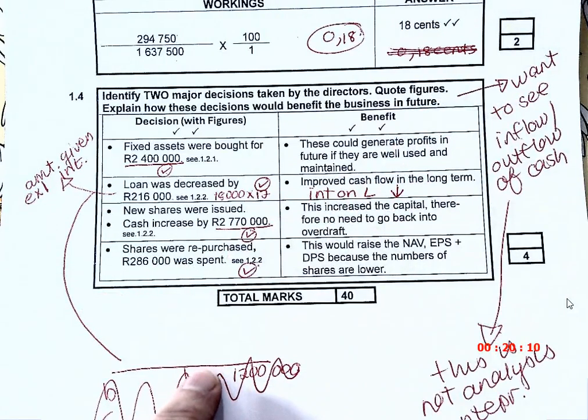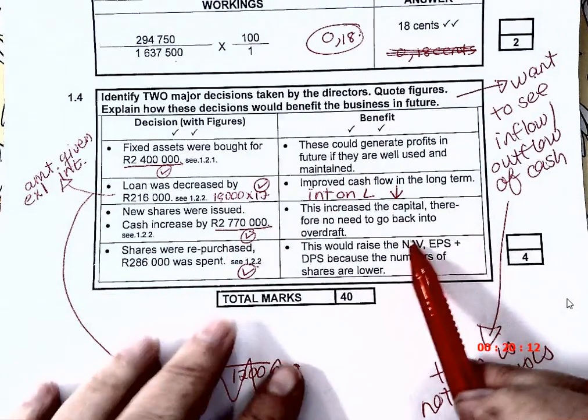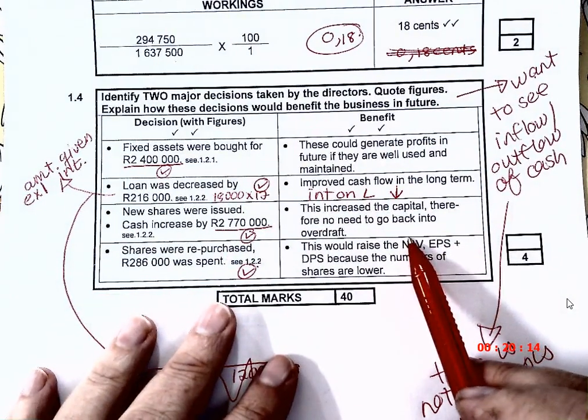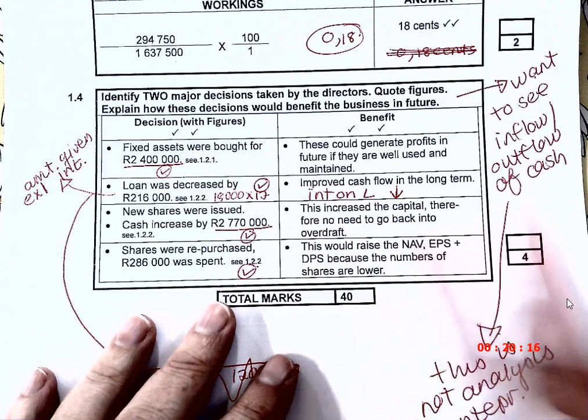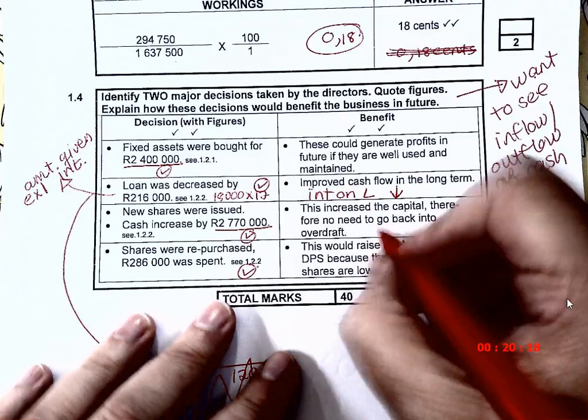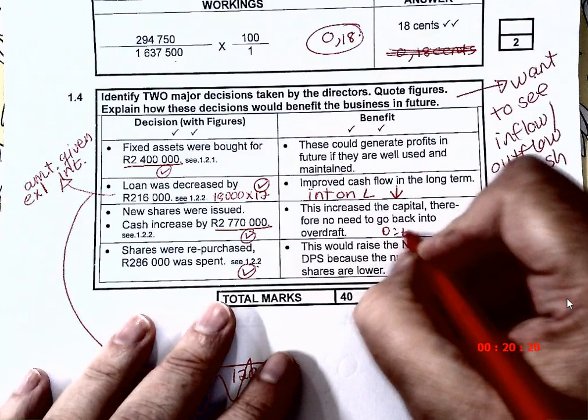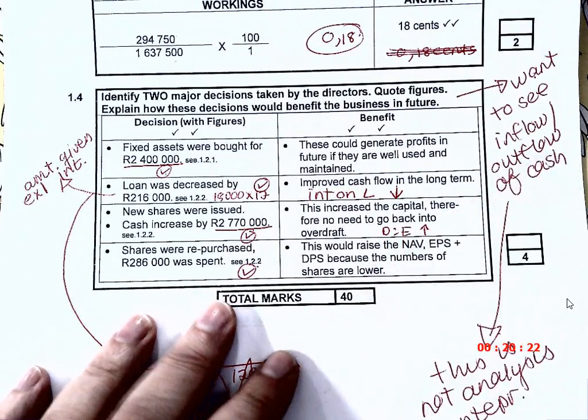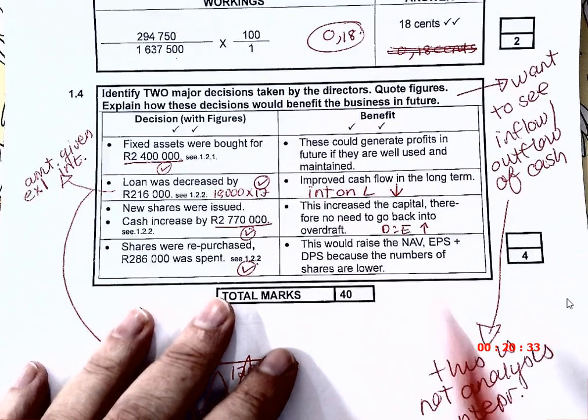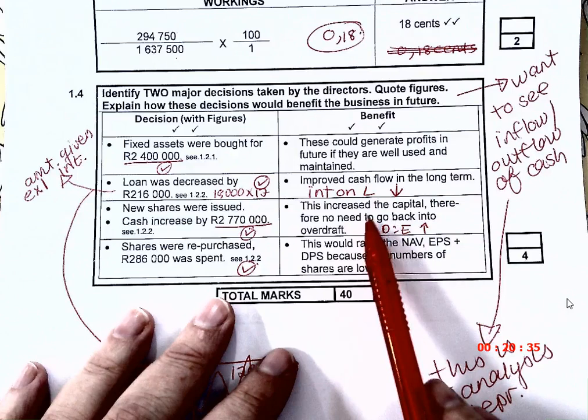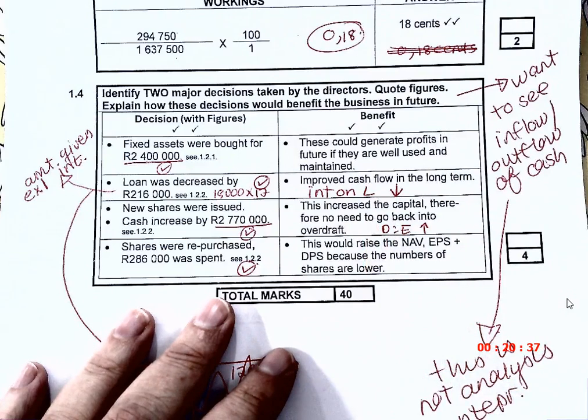That's a good thing. New shares were issued. So, what happens if new shares are issued? Your debt equity would most probably improve, because you have now more shares. You have more capital, which is cash. You have more cash. Here you have to read. I can't just go on the memo just as it is.